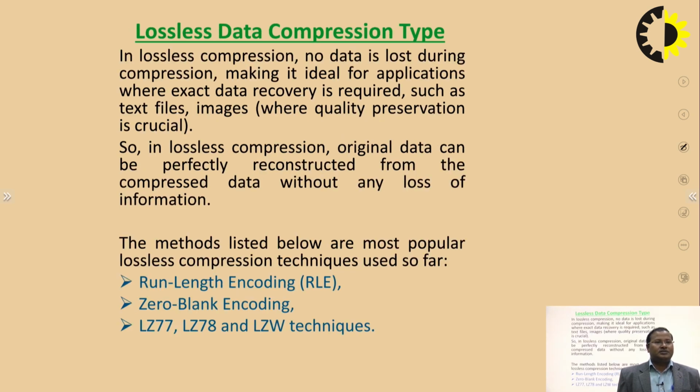In lossless compression, no data is lost during compression, making it ideal for applications where exact data recovery is required at the receiver side, such as text files, images, where quality preservation is very important. So in lossless compression, original data can be perfectly reconstructed from the compressed data without any loss of information.